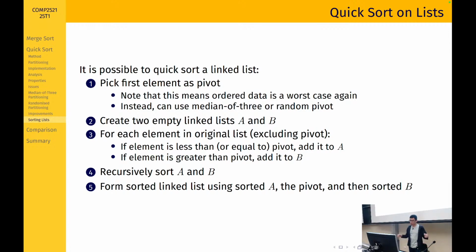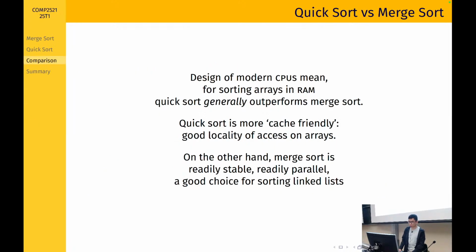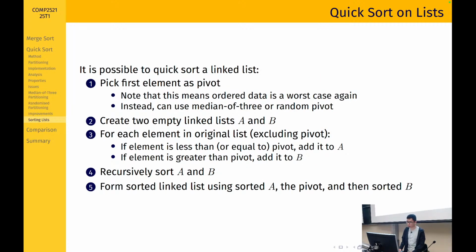Then you recursively sort both lists. Now you have a sorted list of elements smaller than the pivot, the pivot itself, and a sorted list of elements greater than the pivot, and you can link them all together to get one full sorted list. What I think I'll do is add a diagram for this on the next slide, because there isn't one currently.